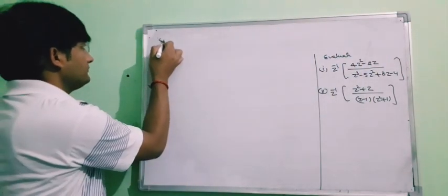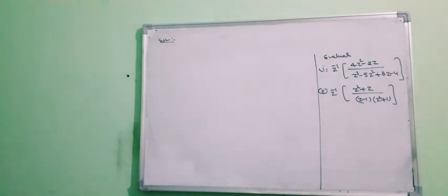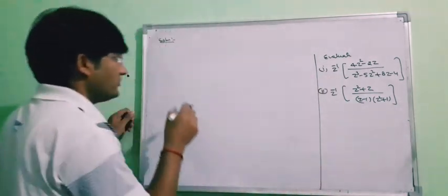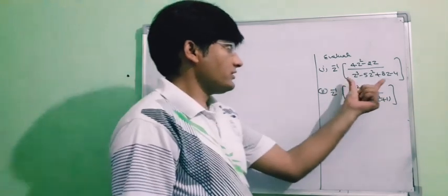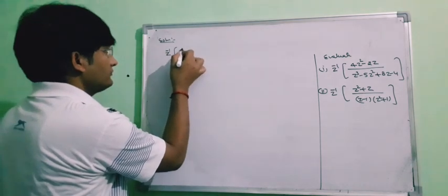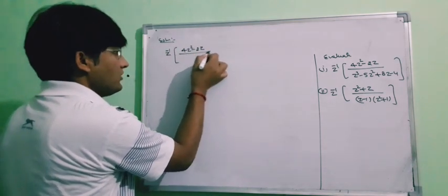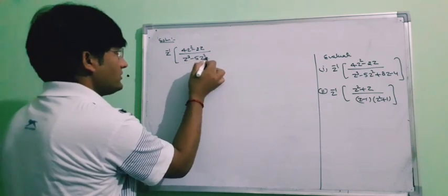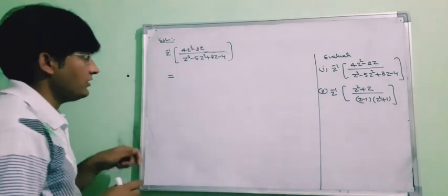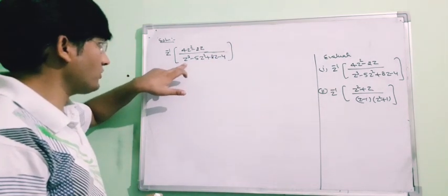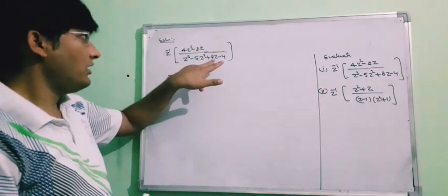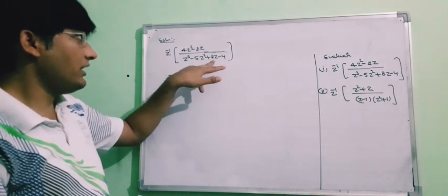Solution. So the inverse Z transformation for the first part. Before that, let us find out its factor. So the Z transformation of (4z square minus 2z) upon (z cube minus 5z square plus 8z minus 4) is equal to, now here you can see that if we put z equal to 1, then this will be 1, this is minus 5, so this will be minus 4, and this is again minus 4, so that will be 8, and it is 8.